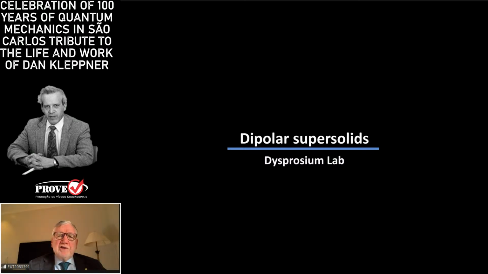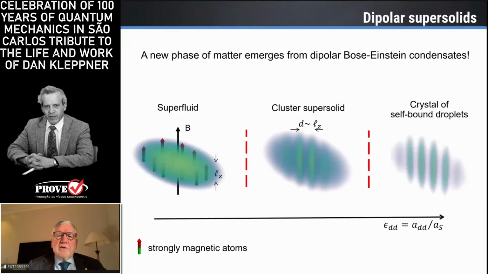A very interesting atom which entered the lab, thanks to Giovanni Modugno, is dysprosium, which has the characteristic of having a strong dipolar ground state, so you have a long-range interaction. So you can have a superfluid, but in addition you have a periodic structure.